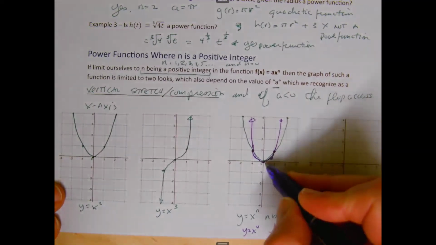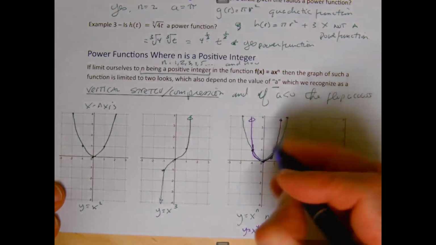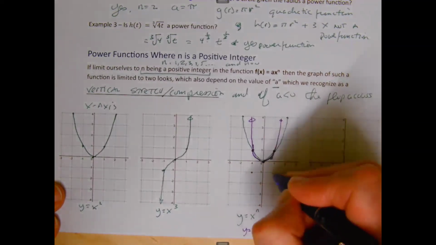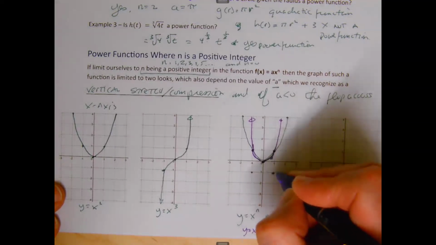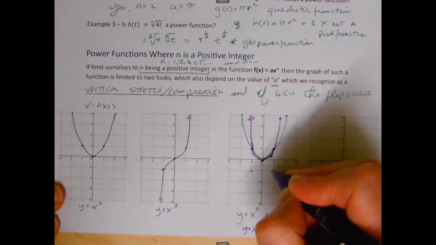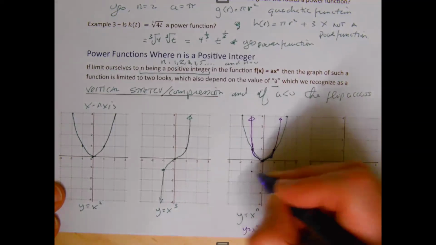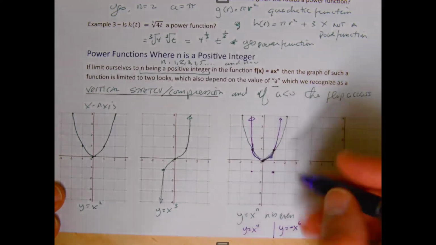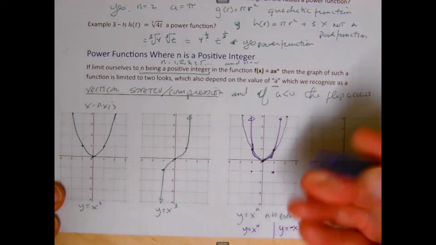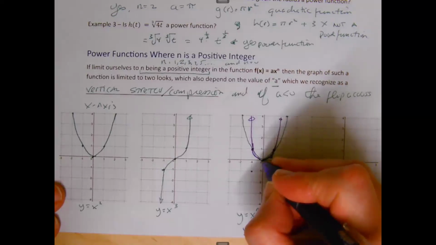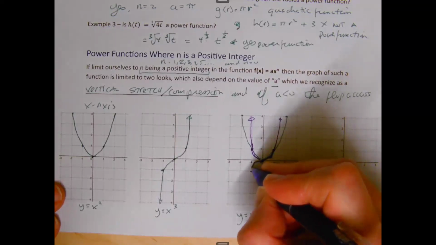Since it's negative, I know it's going to be flipped upside down. What is going to happen? These points are still the same: 1, -1, -1, 1, -1, -1 again. Again, this flips upside down, but it's going to go much flatter, so it looks something like this.